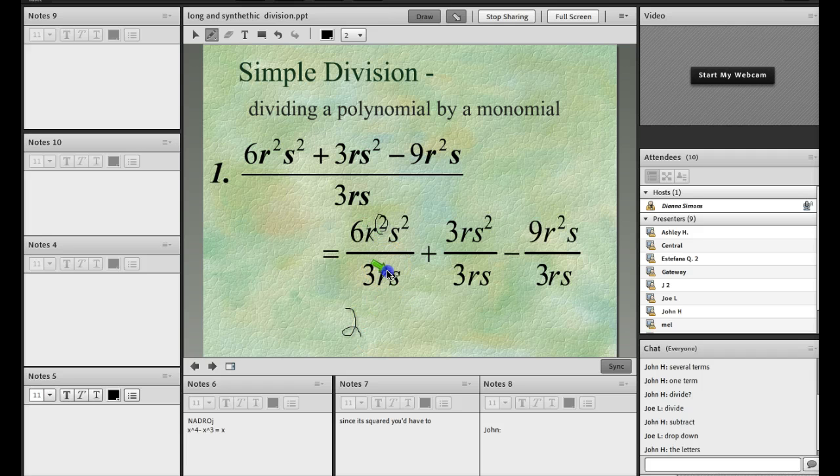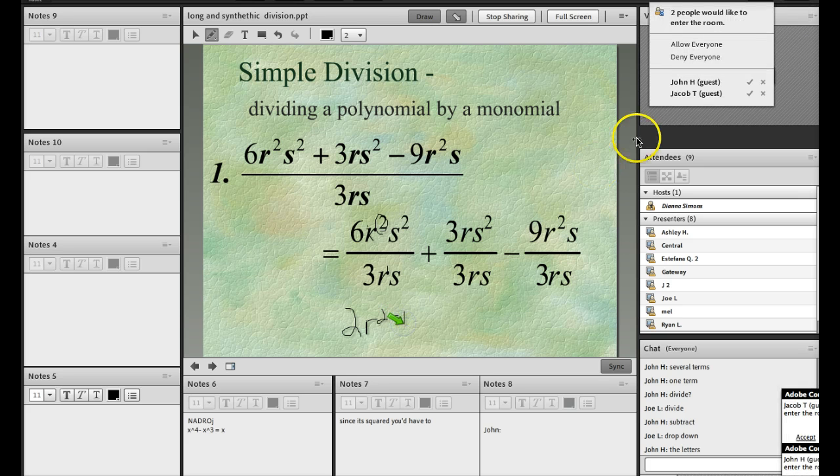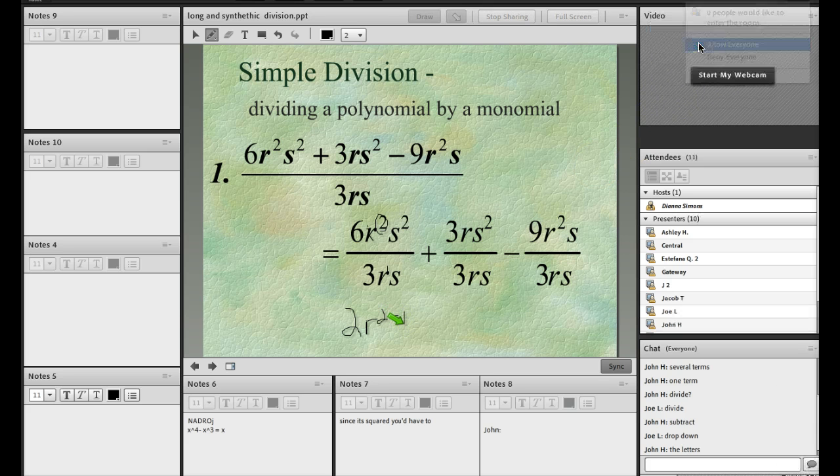The exponent down here is a 1, so what we're going to do is we're going to say r and then 2 minus 1. Okay, does that make sense? Does that make sense to everybody? I subtract the exponents.